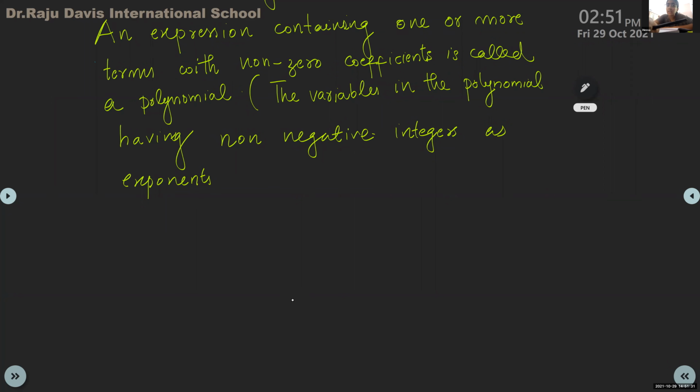Ma'am, can we close the bracket? Yes. The sentence is not closed. The variables in the polynomial will be having non-negative integers as exponents.